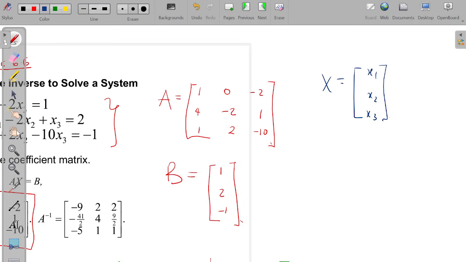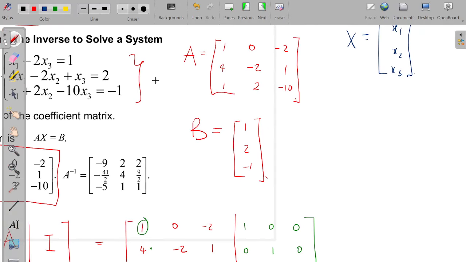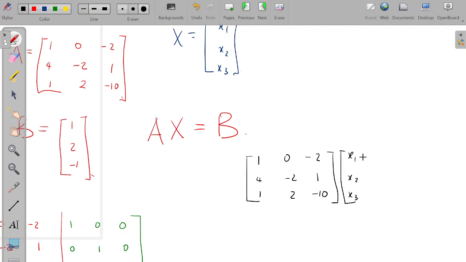If you want to rewrite this system of equations, this system is written as AX equals B. That means what I have there is A, which is this one that I have before, multiplying by our X1, X2, X3 to give us our B, which is 1, 2, negative 1.